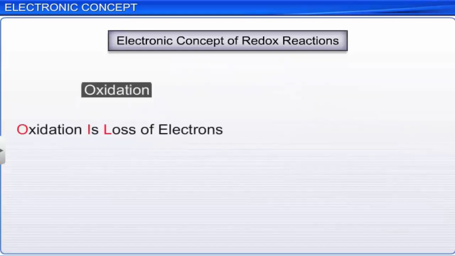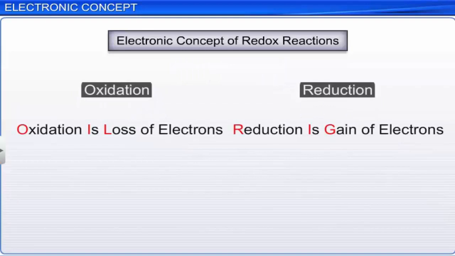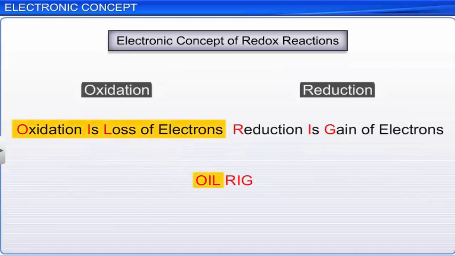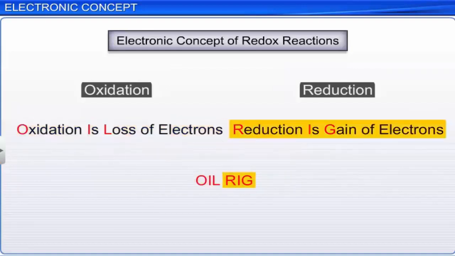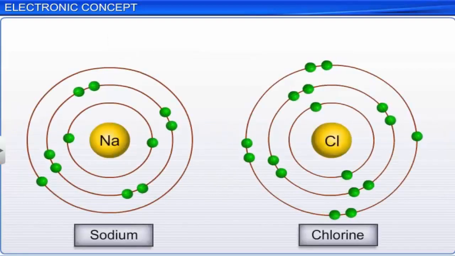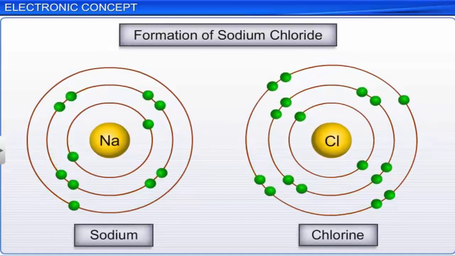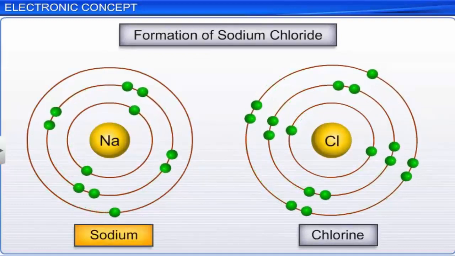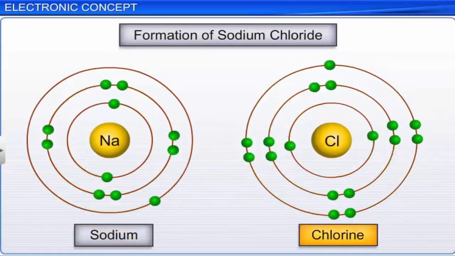The definition of oxidation and reduction can be easily remembered by the mnemonic OIL-RIG, which stands for oxidation is loss of electrons and reduction is gain of electrons. Let's take the example of the formation of sodium chloride from sodium and chlorine.